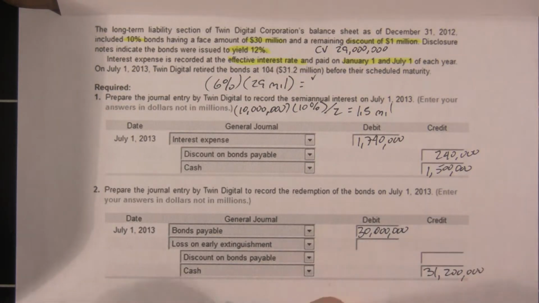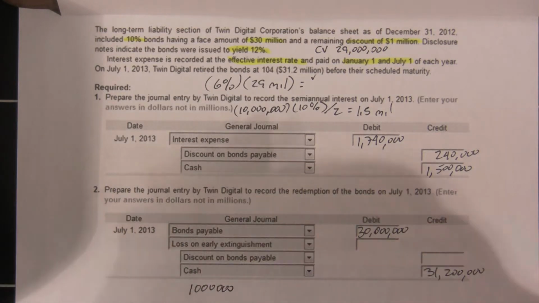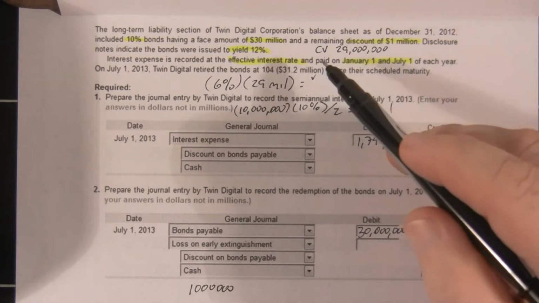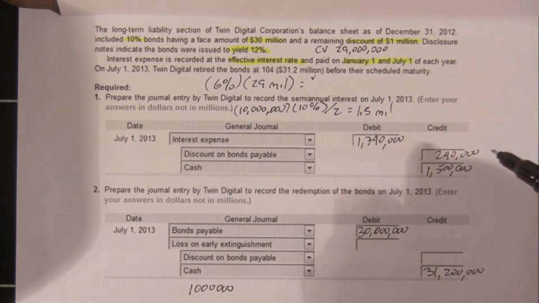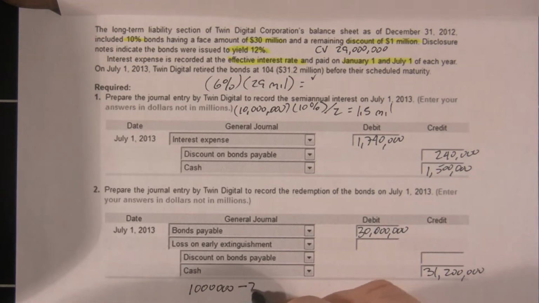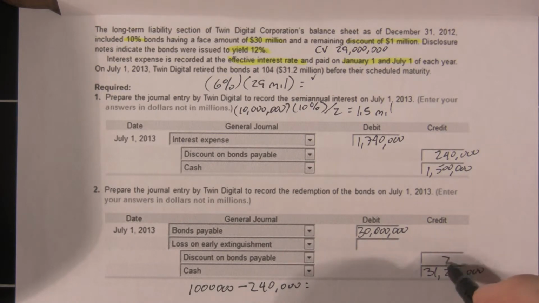The discount was $1 million. Remember, it told us the discount was $1 million. And we used up 240. So that's 760,000 that's left. That's going out the door.